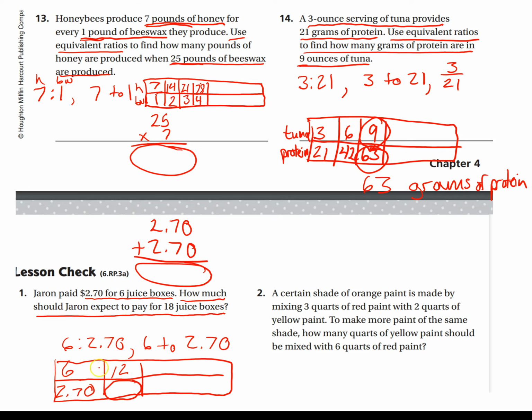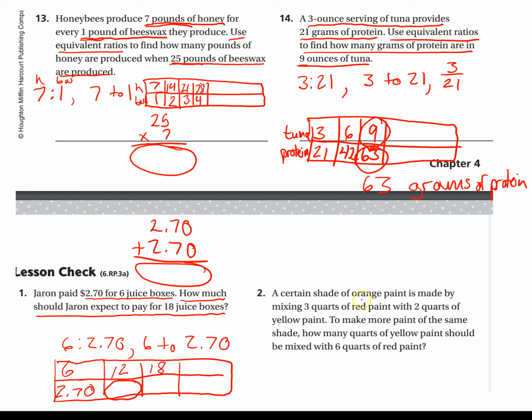And then your next number, 6, 12, 18. So now you're going to take this answer and add another $2.70 to find out how much you're going to pay for 18 juice boxes. So I'll let you go ahead and do that math. Again, if you have trouble following that, you can always rewind. Don't hesitate to raise your hand and ask questions if you're uncertain about something.